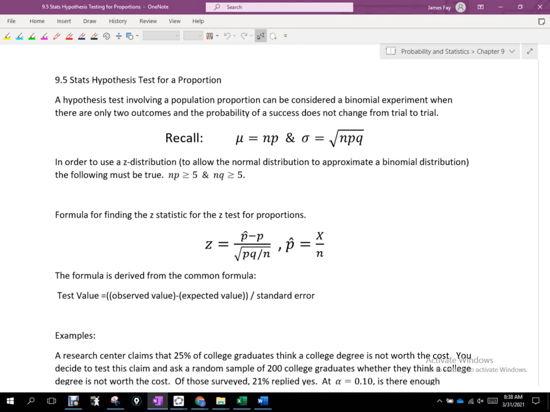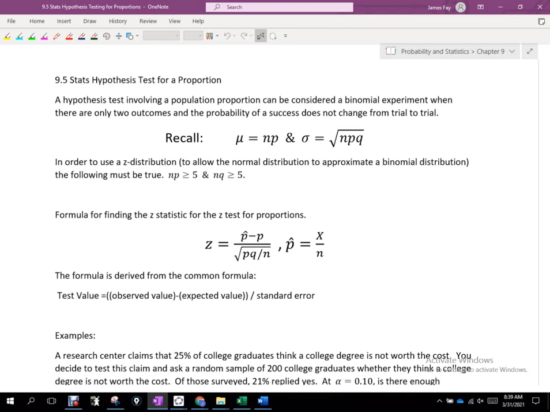We see at the bottom it says test value is equal to the observed value, which is our sample proportion in this case, minus the expected value, which is what we are saying is the population proportion, and then you divide that by your standard error. That's what we've been doing so far with all of our tests. That's the general formula that all our test statistics follow.